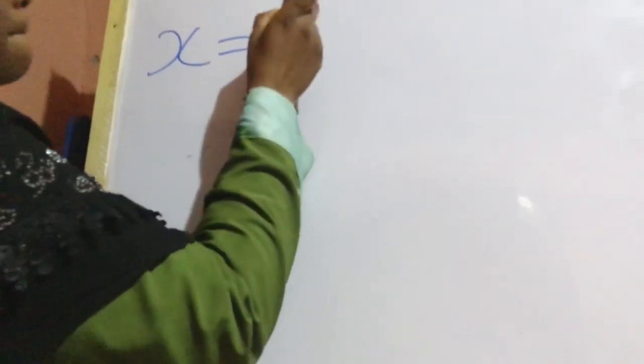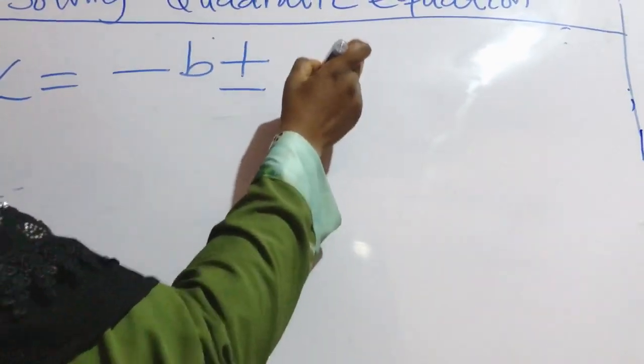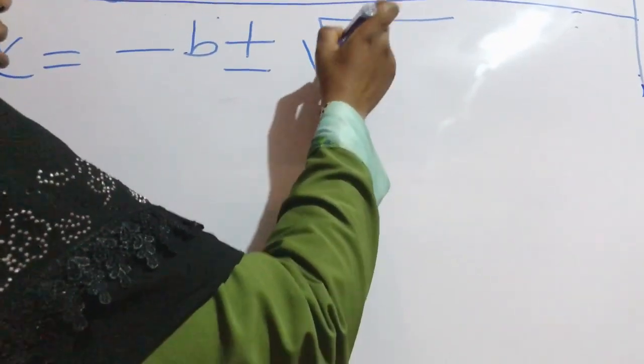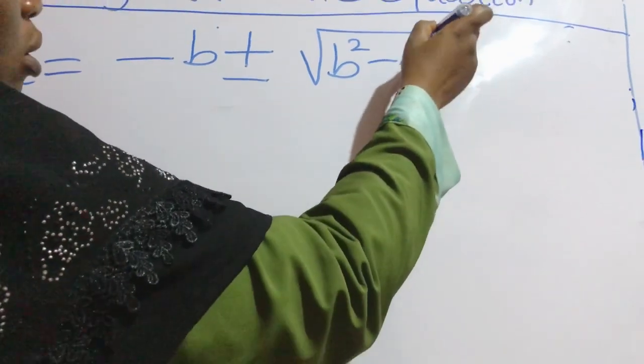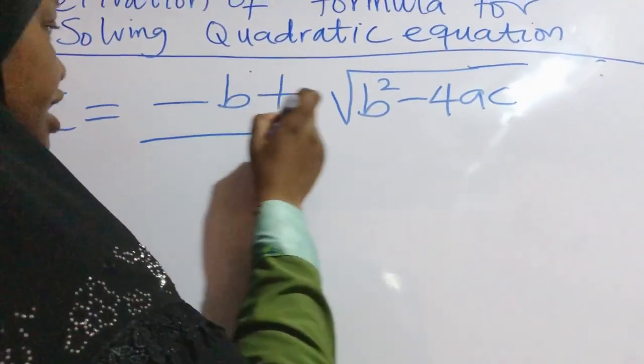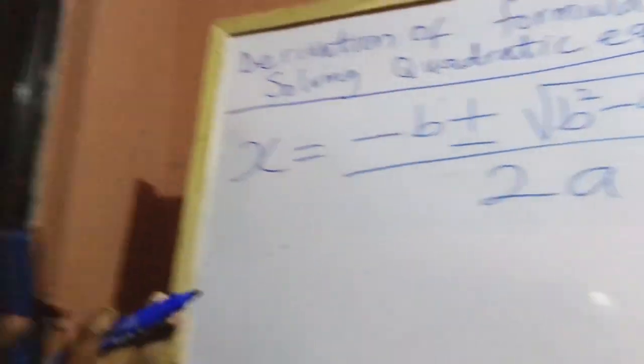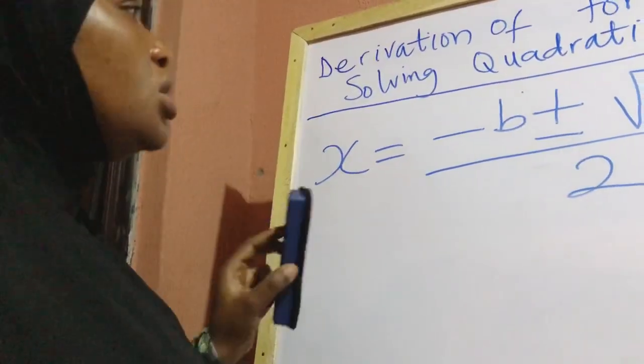So x is equal to minus b plus or minus root b squared minus 4ac, everything over 2a. This formula is very simple to use to solve quadratic equations.